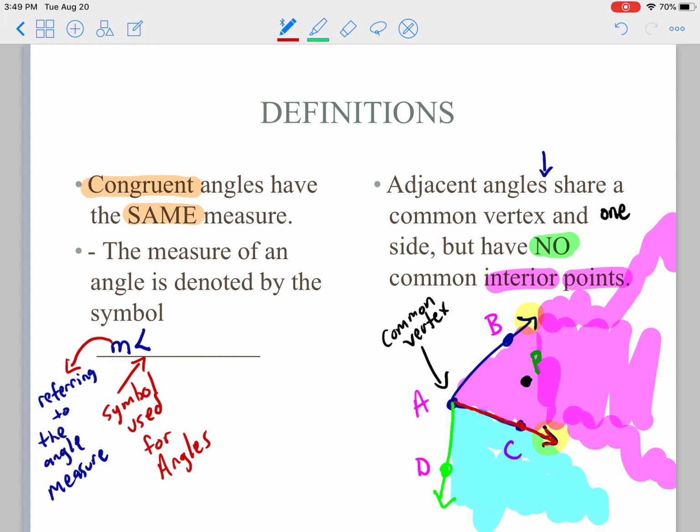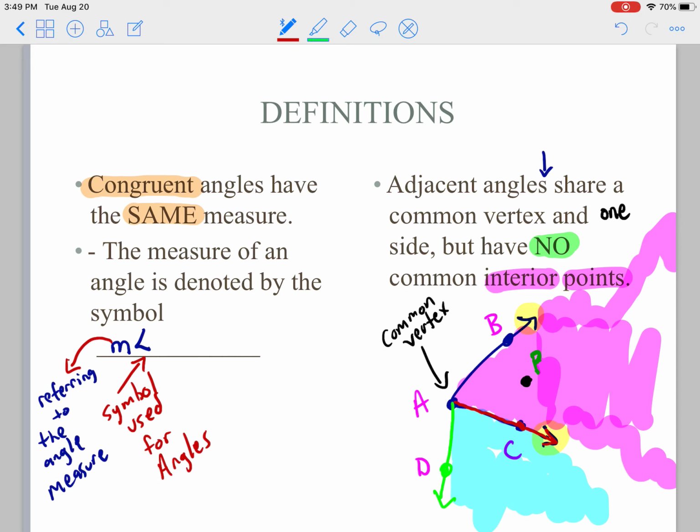Okay, there's the shared side. The interior of the two angles do not overlap, so they share no common interior points. So the pink and the blue do not overlap. What is inside the pink is not inside the blue.